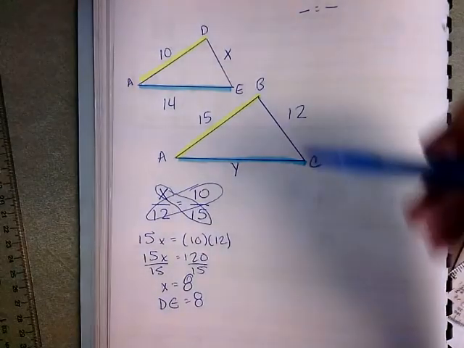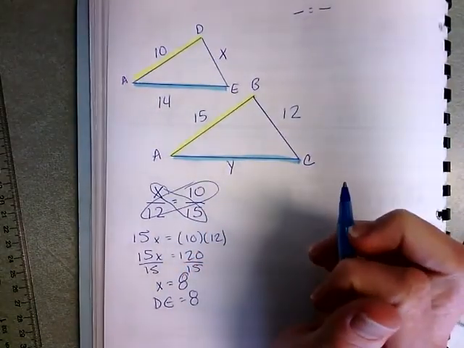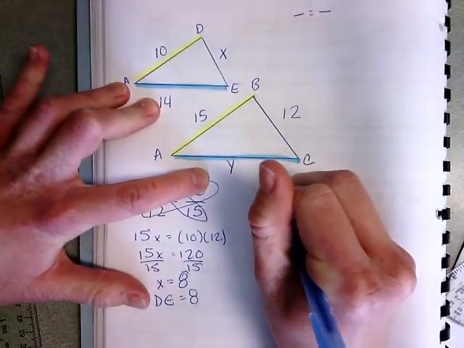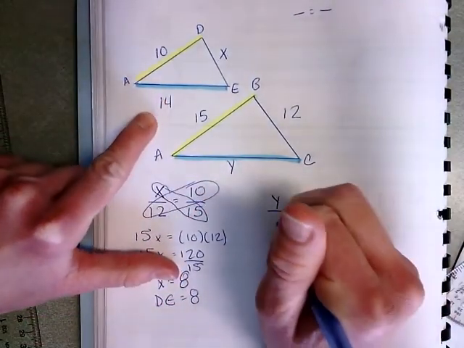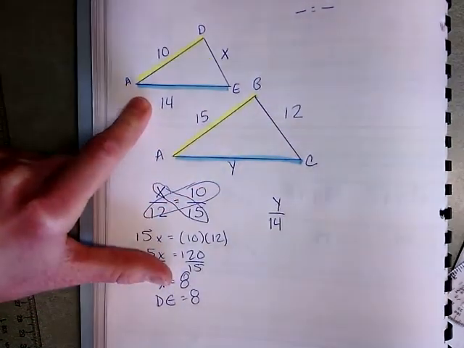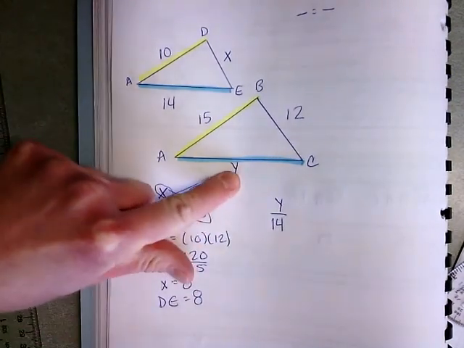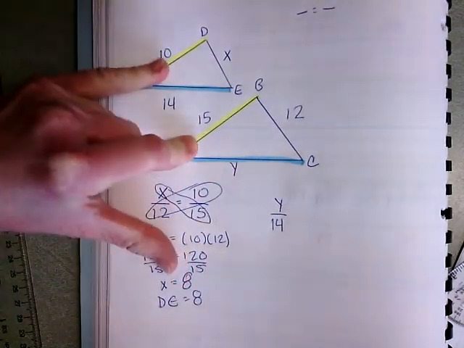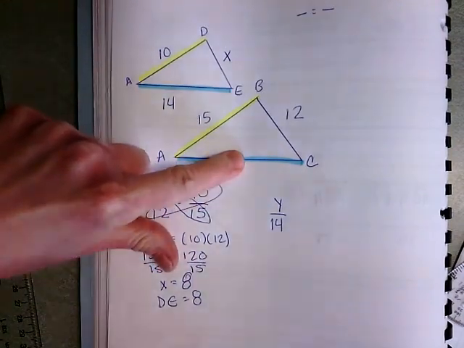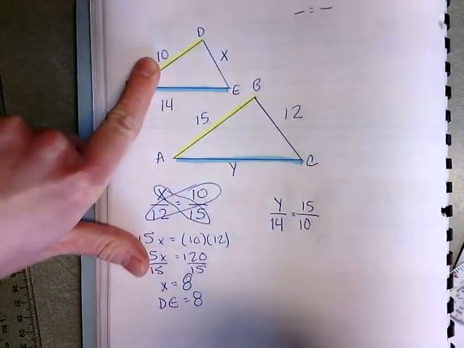All right, so let's look at solving for y. Again, I have to set up a proportion. I can do y over 14, since this side corresponds with this side. Now I go back to the triangle that y is a part of and use these two sides again. Since 15 is part of the same triangle y is, 15 goes on top, and then I put 10 on the bottom.